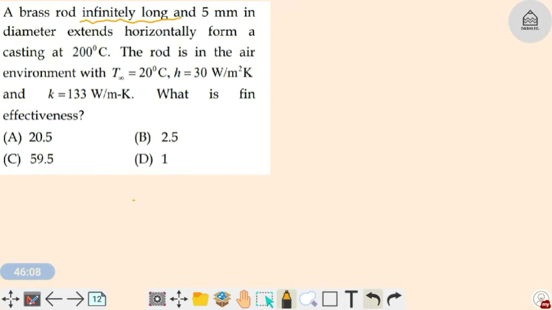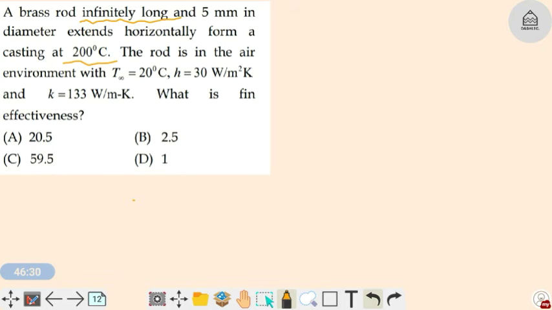Casting means this is the T_b, the base temperature. The rod is in the air environment with T infinity is 20 degrees Celsius, h is 30, and k is this. What is the fin effectiveness?